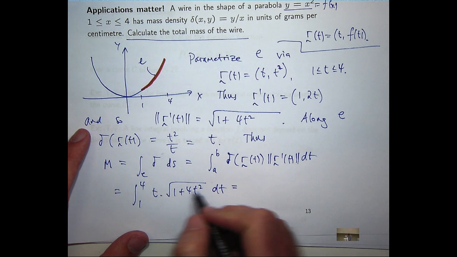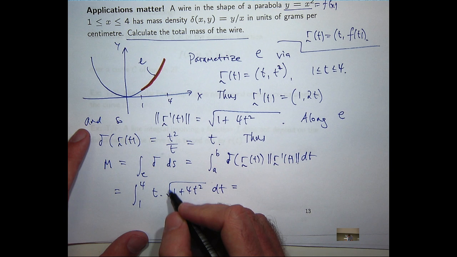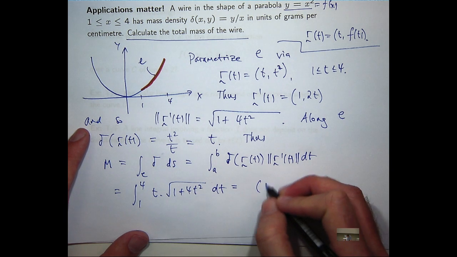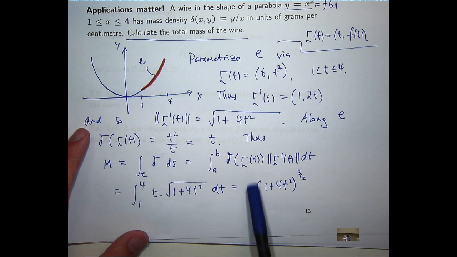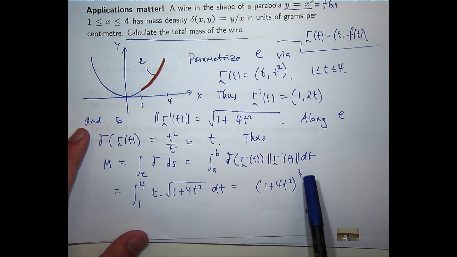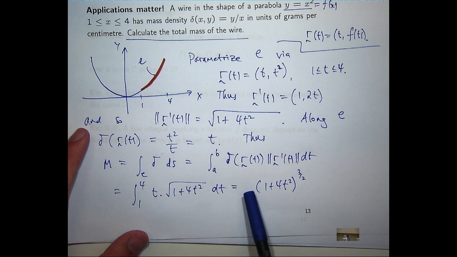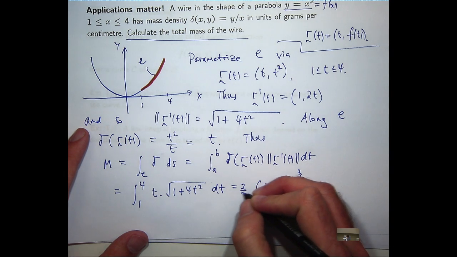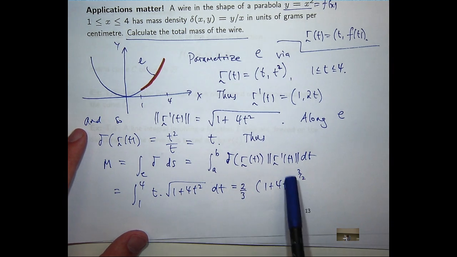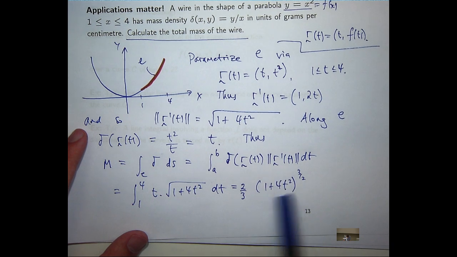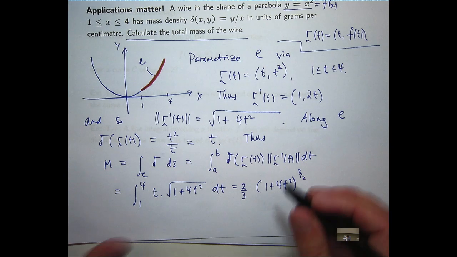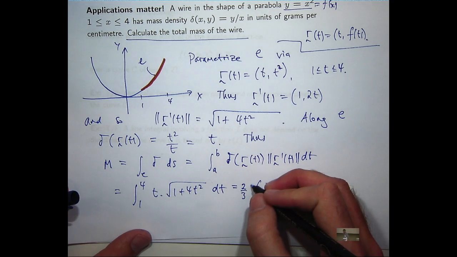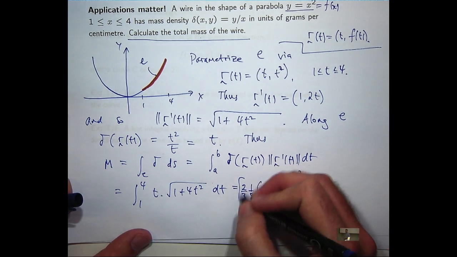Essentially, what I know is that the power of 1/2 here is going to go to 3 on 2, and all I need to do is touch up the front. When I differentiate, the 3 on 2 comes to the front, so I want to multiply by 2 on 3. The derivative of the inside is 8t. I've already got a t there, so I just want to divide by 8.